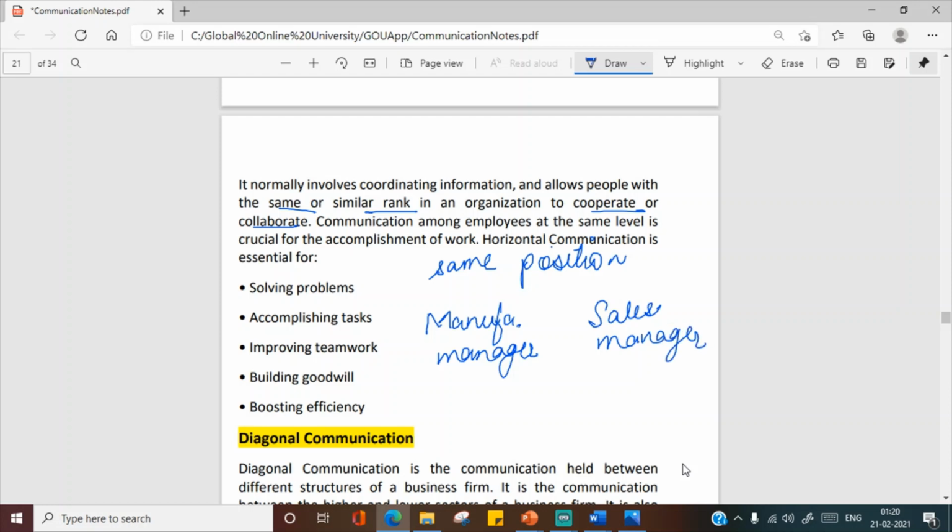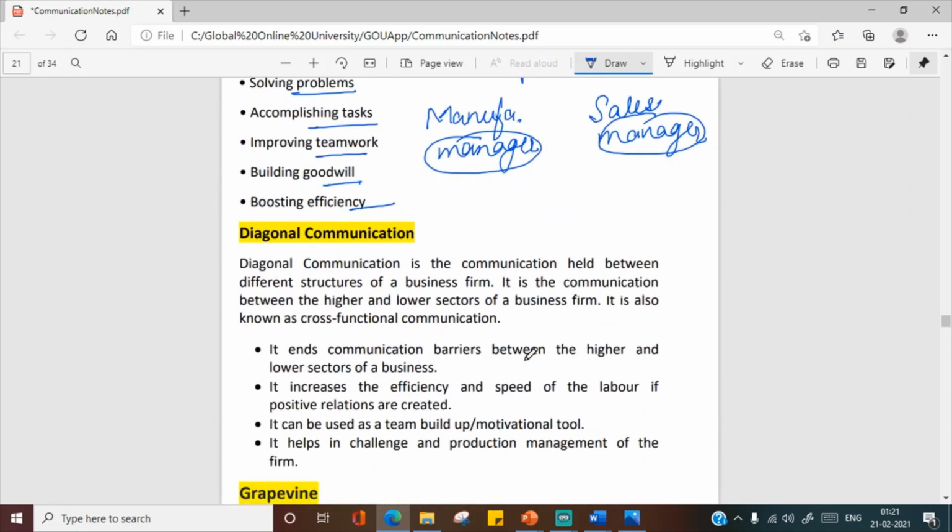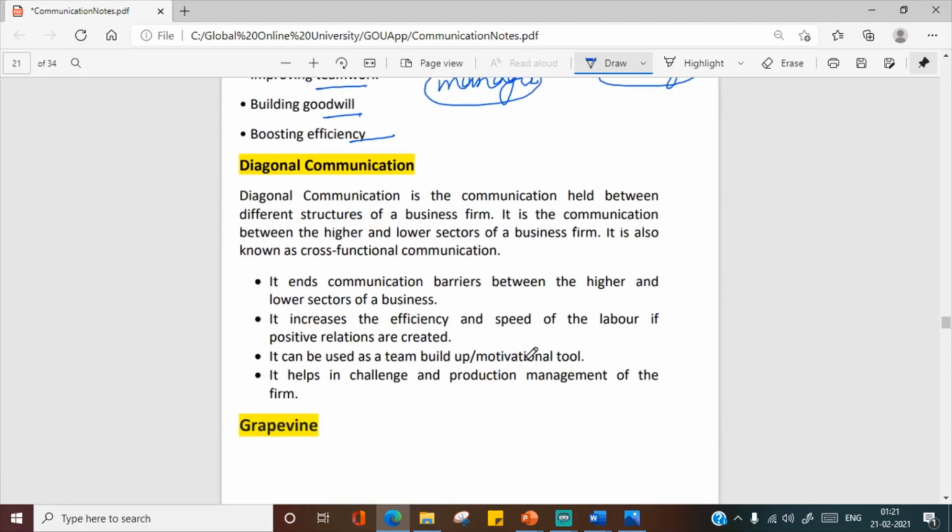Why? Because this is a manager, manufacturing manager, and this is a sales manager. If people of similar status are communicating, this is horizontal communication. It helps in problem solving, accomplishing tasks, improving teamwork, goodwill, boosting efficiency. Some of the benefits of horizontal communication.